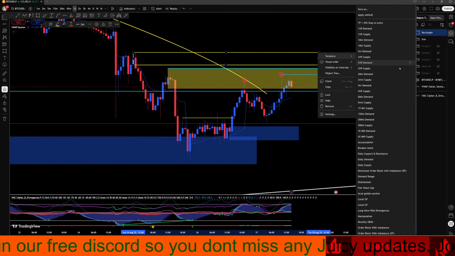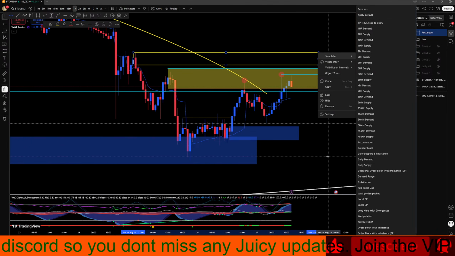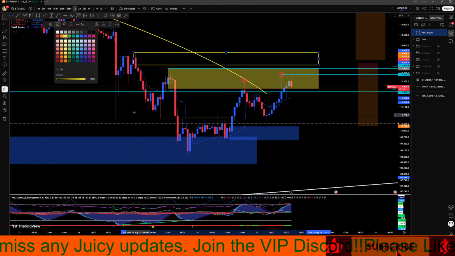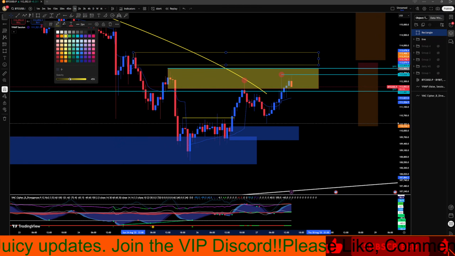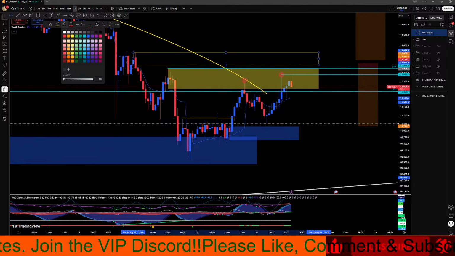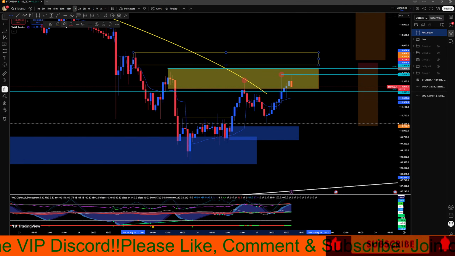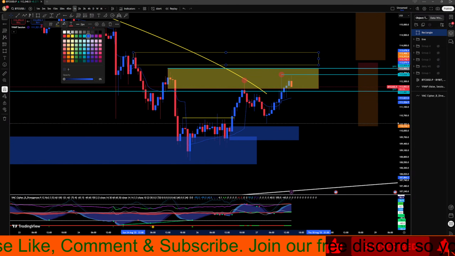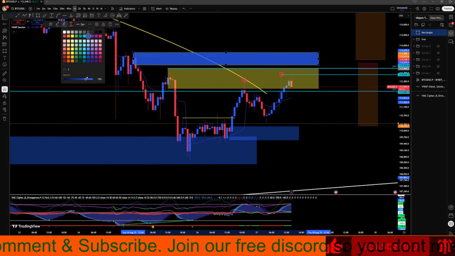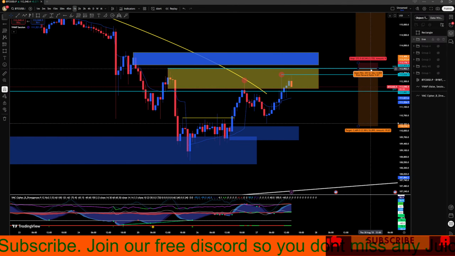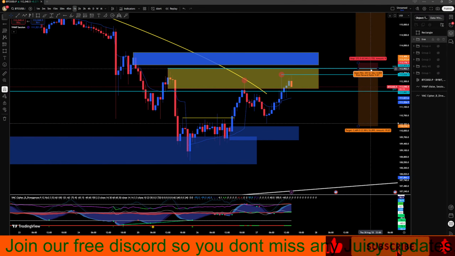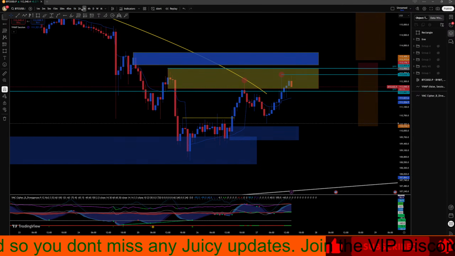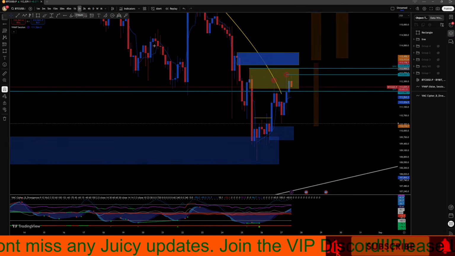I was actually looking at this zone for a short trade, but it was front run by a much bigger, I think it was a 2-hour area supply that we came up to.